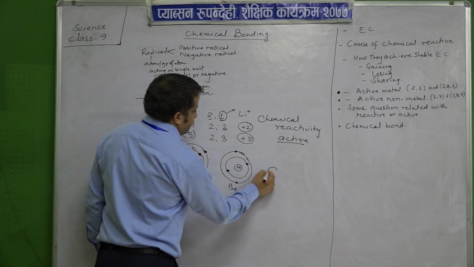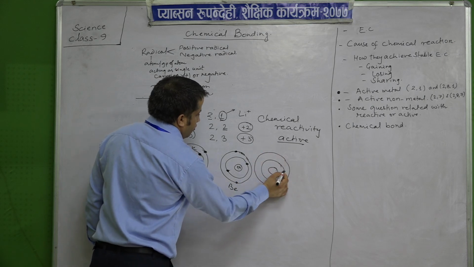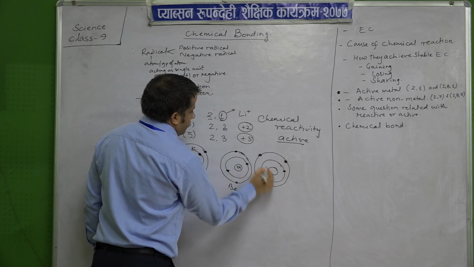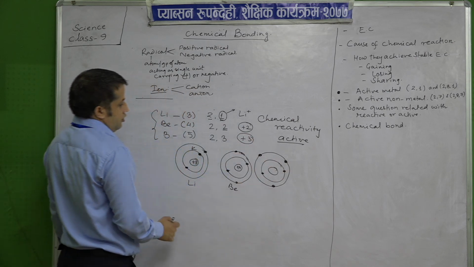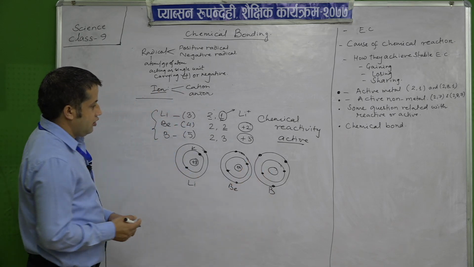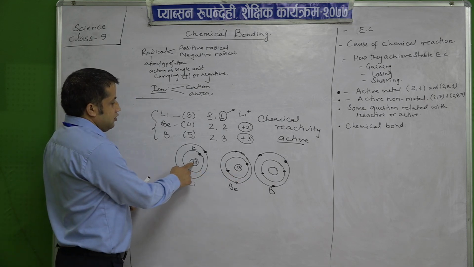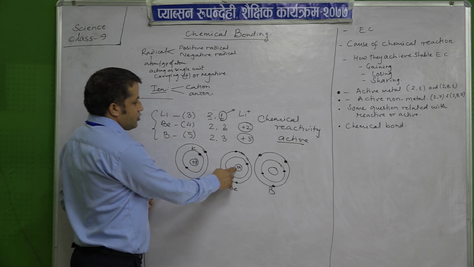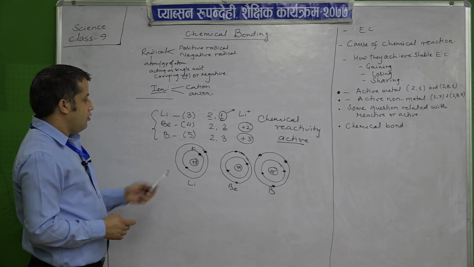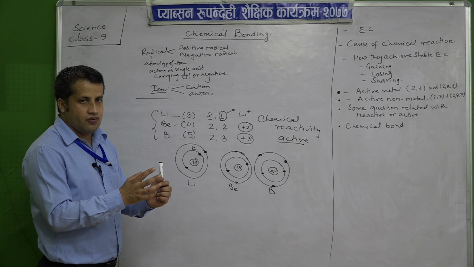In case of boron, 2 electrons in the K shell and 3 electrons in the L shell. Here plus 3, here plus 4 and here plus 5, that is respectively 3 protons, 4 protons and 5 protons present in the nucleus of an atom.